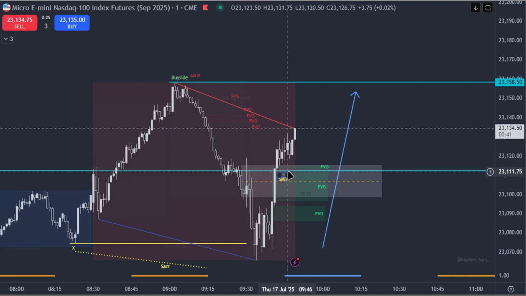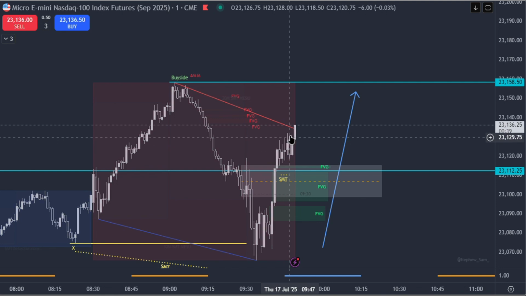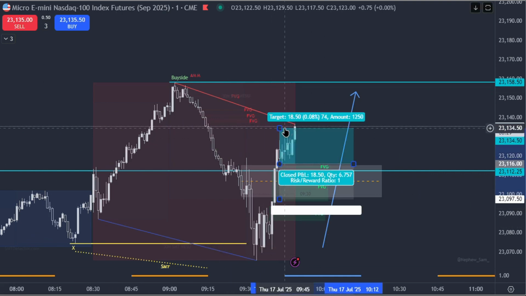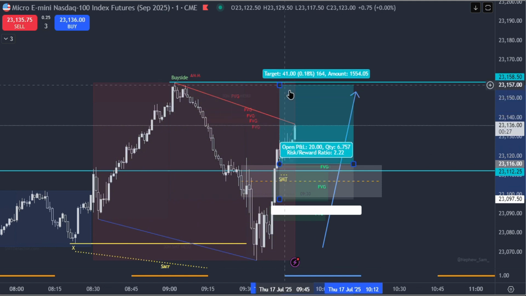It dug into this fair value gap, and that's why you're seeing expansion now. So our entry would have been right here. I thought it was going to come down a little bit lower, but it didn't. So it's going to just take off without us.